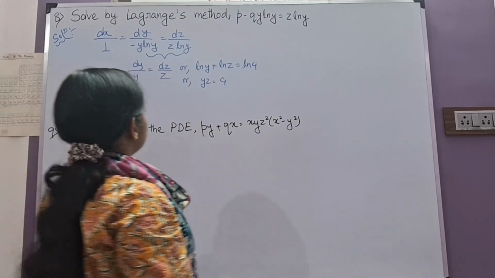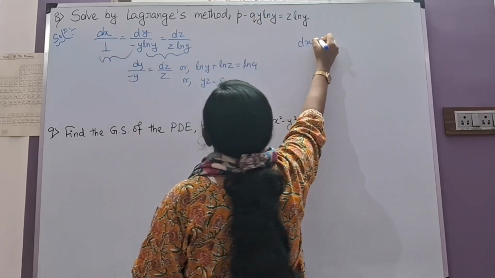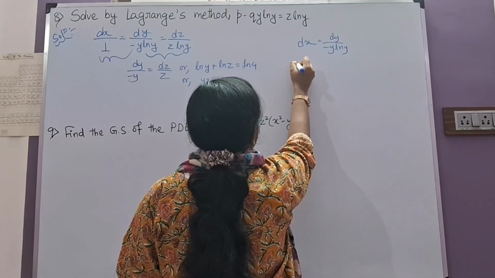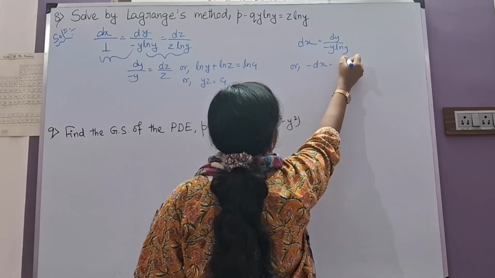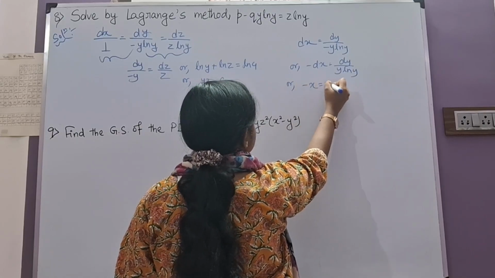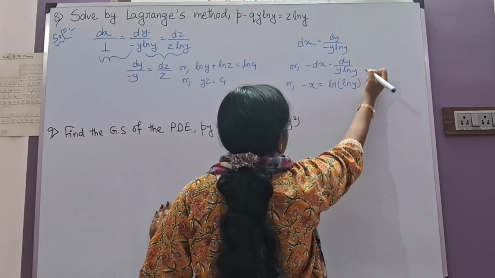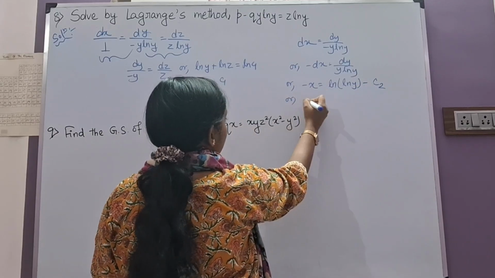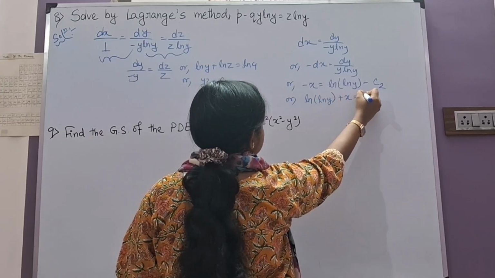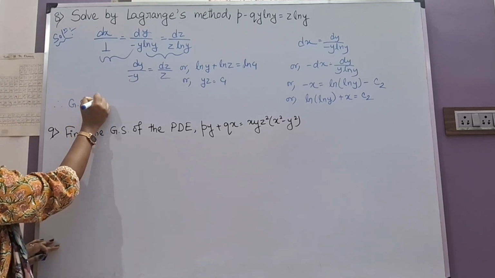Now we are going to choose the first two ratios. So what we get? dx equal to dy by minus y log y, or minus dx equal to dy by y log y. Integrating, we get minus x equal to log of log y minus c2, or log of log y plus x equal to c2. So what is the general solution?